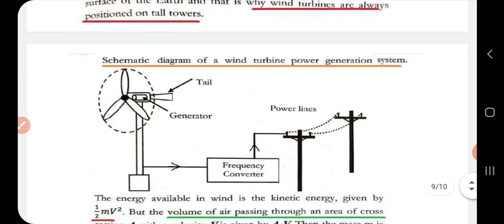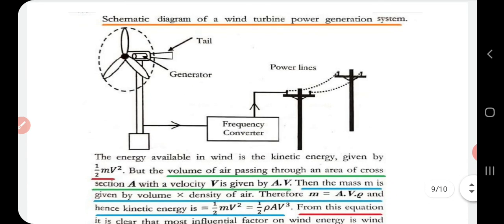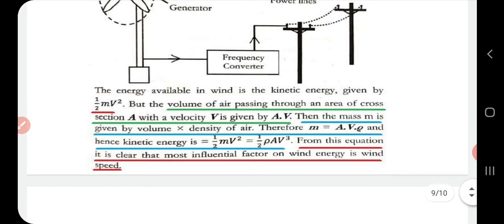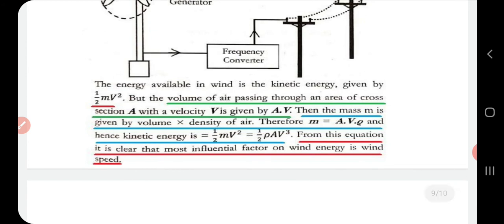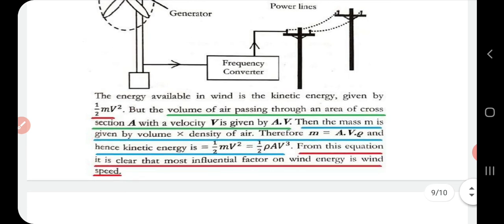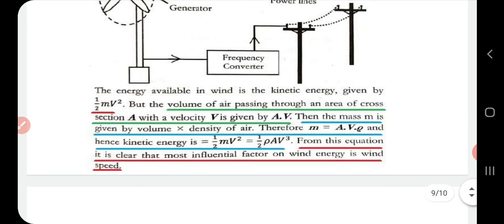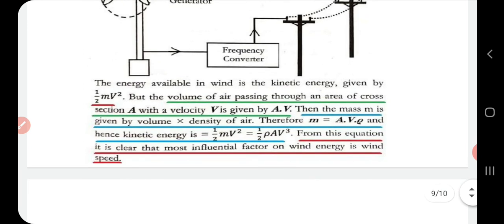Now this is a schematic diagram of a wind turbine power generation system. This is a windmill and all. Now the energy available in wind is what? It's kinetic energy, whereas the energy of water stored in a dam is potential energy. Here the energy in wind is kinetic energy, given by half mv square.